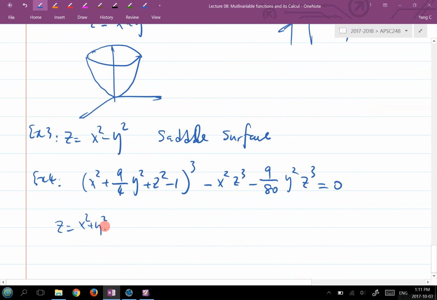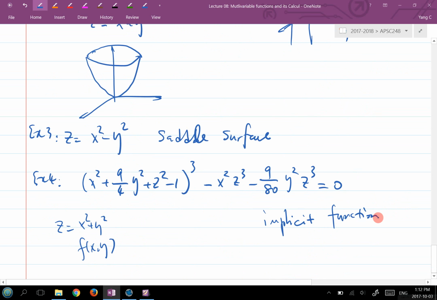Function of x, y, and z. Yeah. So here you have a function f of x, y, right? But what about this one here? Can you write this out into z equal to f of x, y, z? Probably you could, but it's hard, right? So basically, for this example here, x, y, z are all tangled together. So this one we call an implicit function.